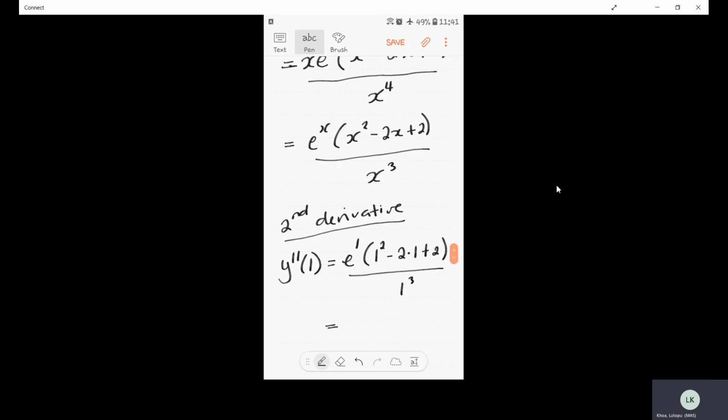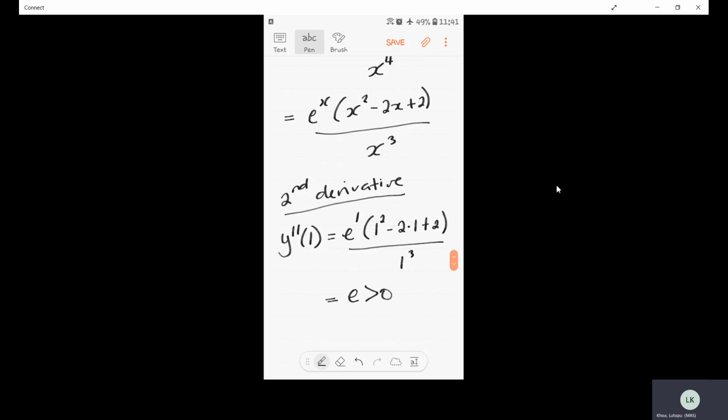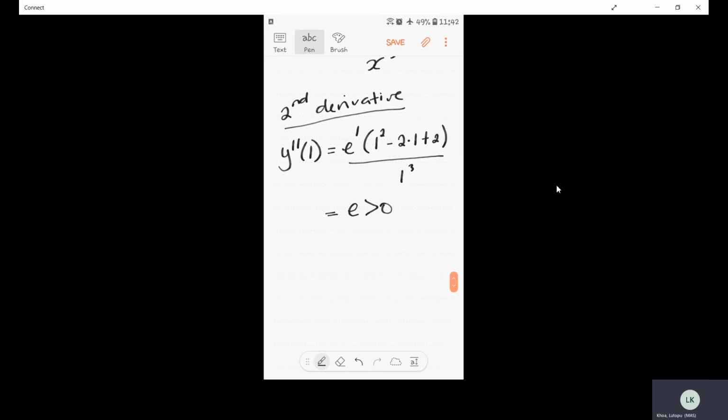Okay, this is just equal to e, and we know that e is greater than 0. So when our second derivative gives us a value that is greater than 0, we know that we have a minimum at x is equal to 1.